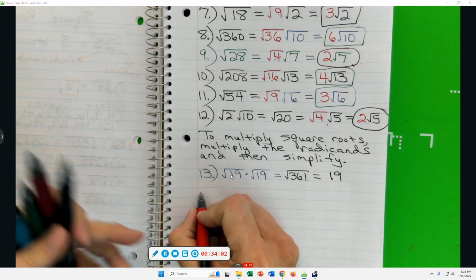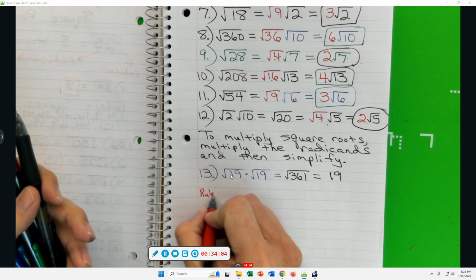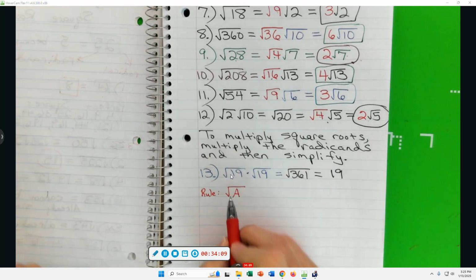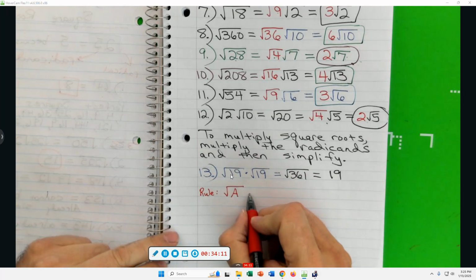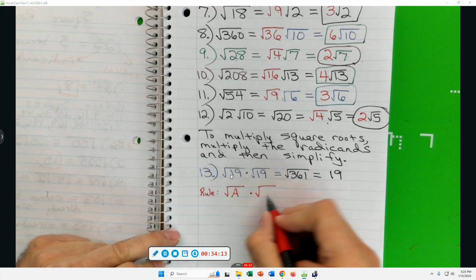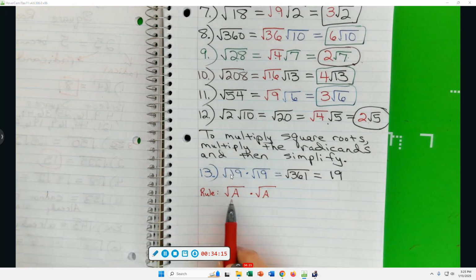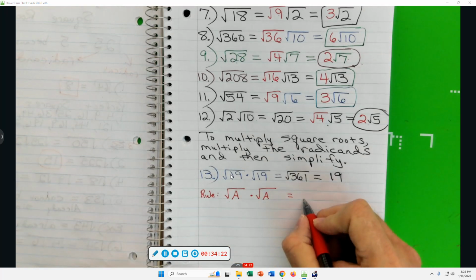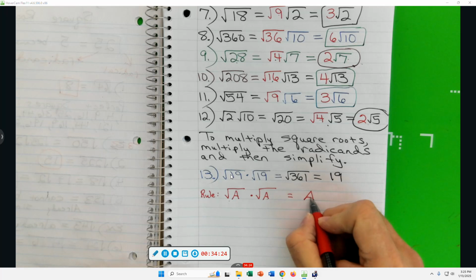Here's a rule. Square root of something times itself. If we have the same numbers under those square roots, when we multiply something by itself, what are we going to get? The number. There it is.